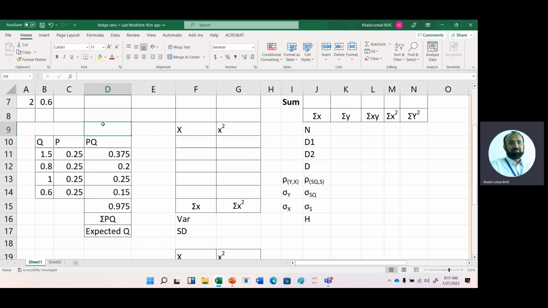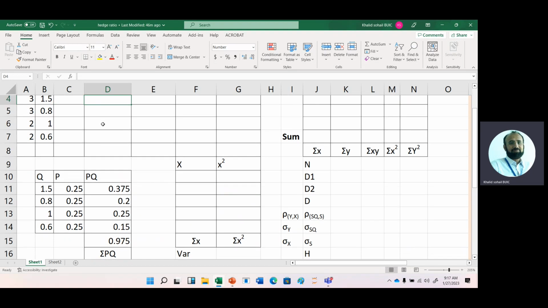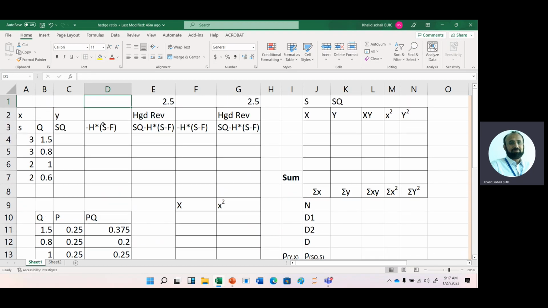So we will check the hedged revenue and its variability while using this average quantity in our H, that is 0.975. Here I'm writing 0.975. So first of all, we will calculate this Y, that is unhedged revenue, just multiplying price with quantity. Then calculate this one.